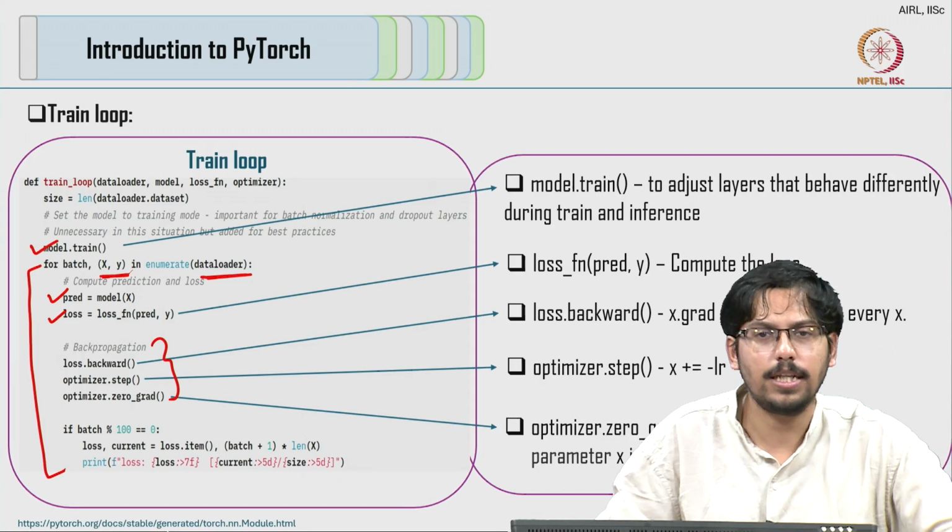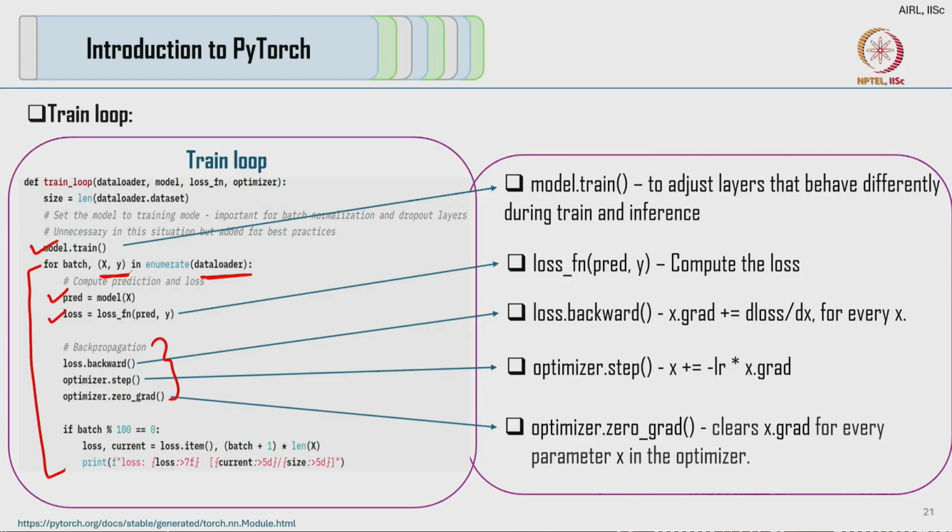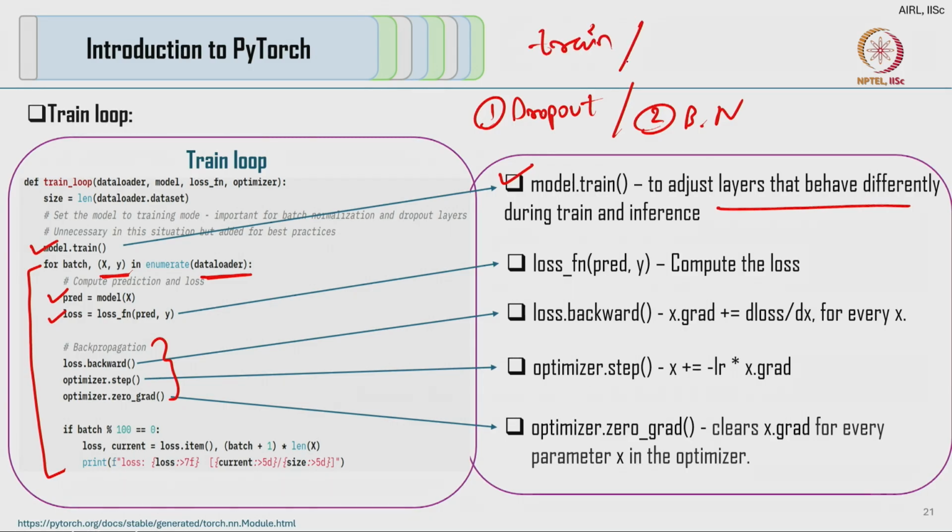Now let us see what each of these lines of code mean. Now when we say model.train, it is essentially useful because it adjusts some of the layers which behave differently during model train and model inference. If you remember, there are operations like dropout, there are operations like batch normalization. These layers have a different functionality during training and they have a different functionality during test, right?